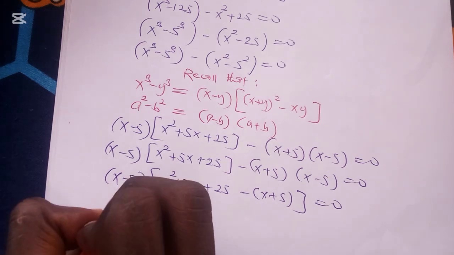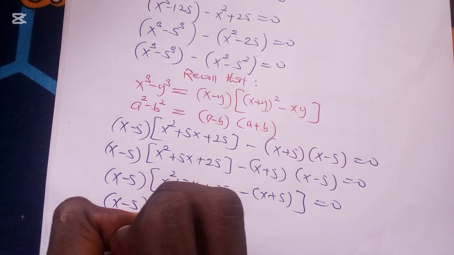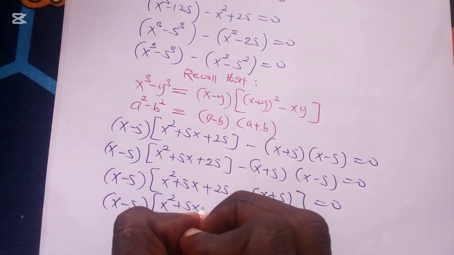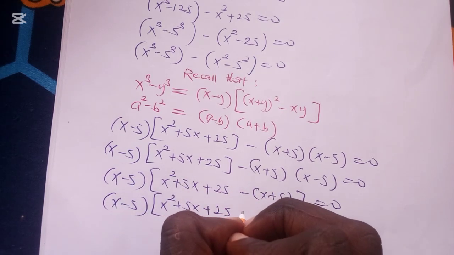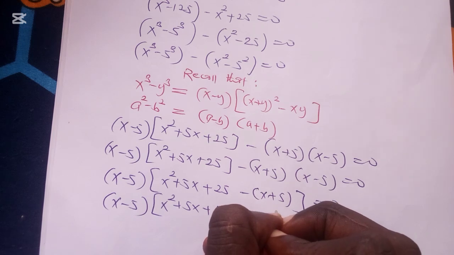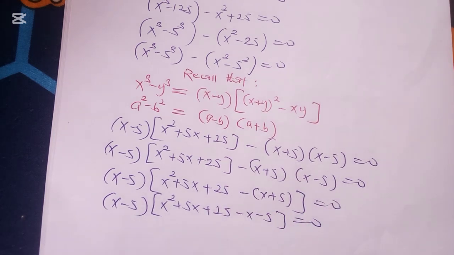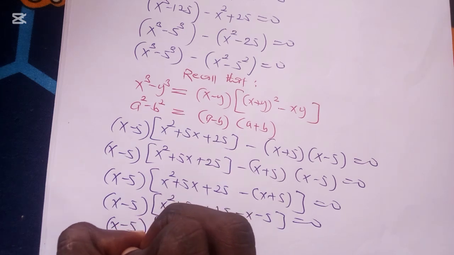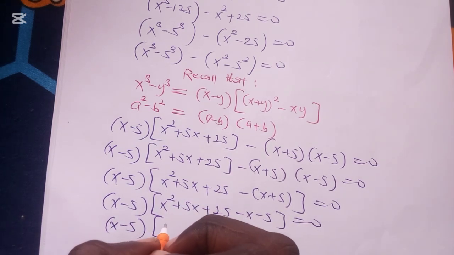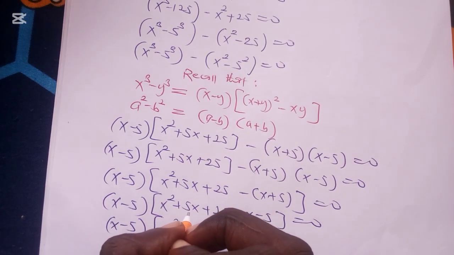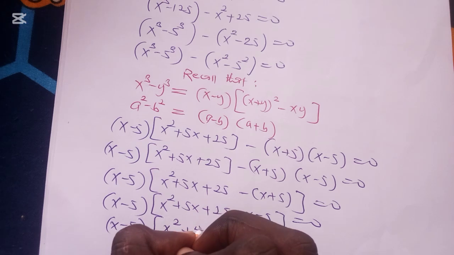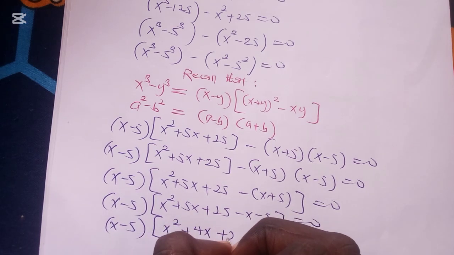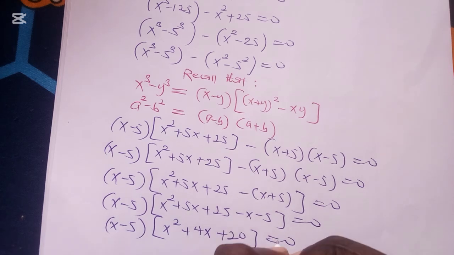We say x minus 5 into, let's simplify inside, this is x squared plus 5x plus 25, then this minus x minus 5, then everything becomes 0. Then if you simplify here, we have now x minus 5 into, simplifying here, you have x squared, 5x minus x giving you plus 4x, and plus 25 minus 5 giving you plus 20, then everything becomes 0.